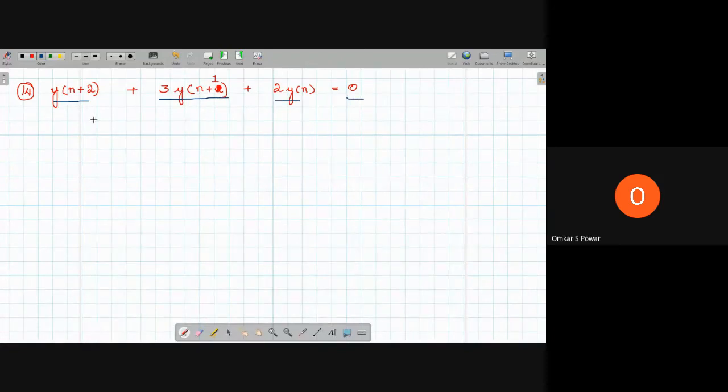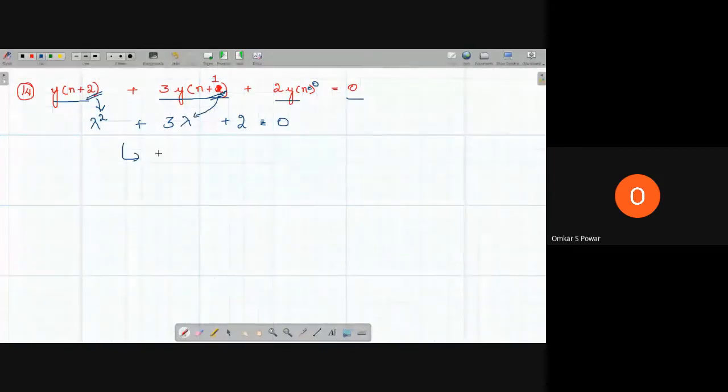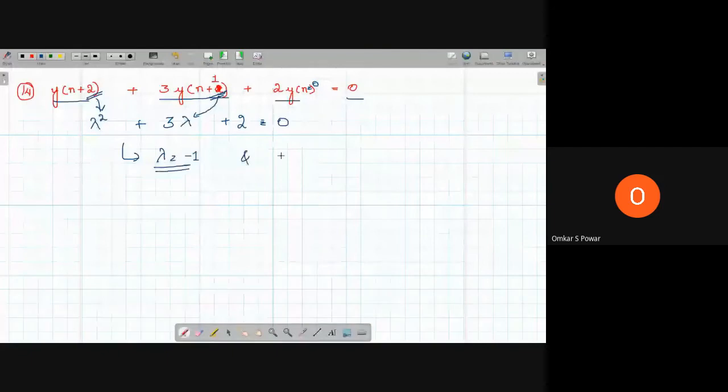For this, lambda square plus 3 lambda plus 2 into lambda to the power of 0, because n plus 2 gives lambda square and n plus 1 gives lambda, is equal to 0. Solve this using the calculator: you will get lambda is equal to minus 1, and the second root lambda is equal to minus 2.